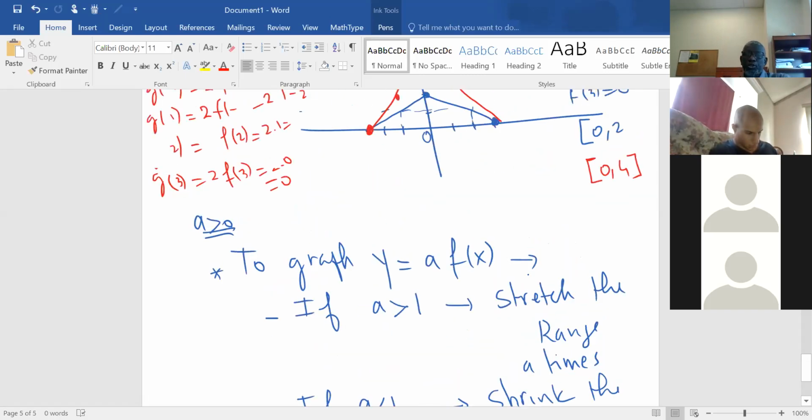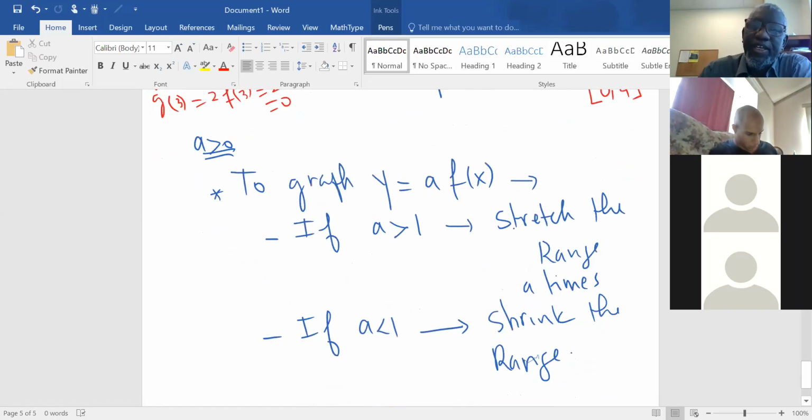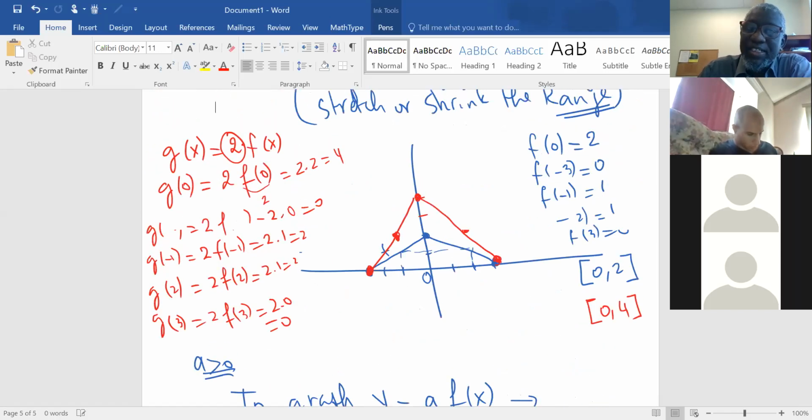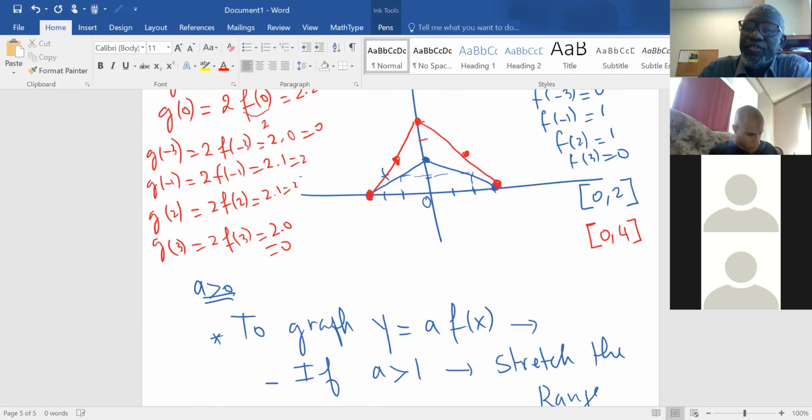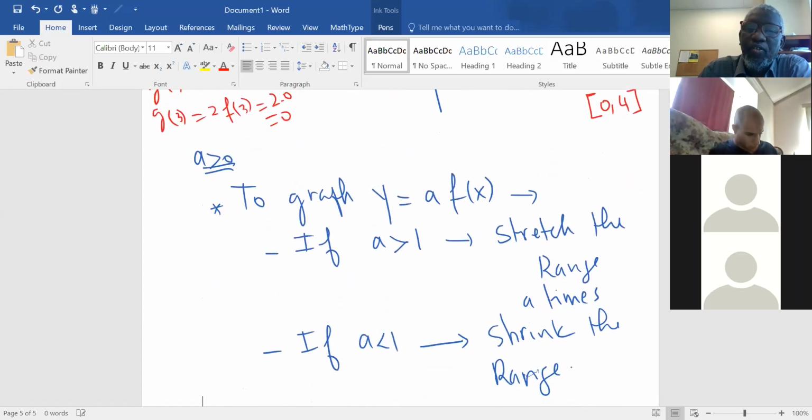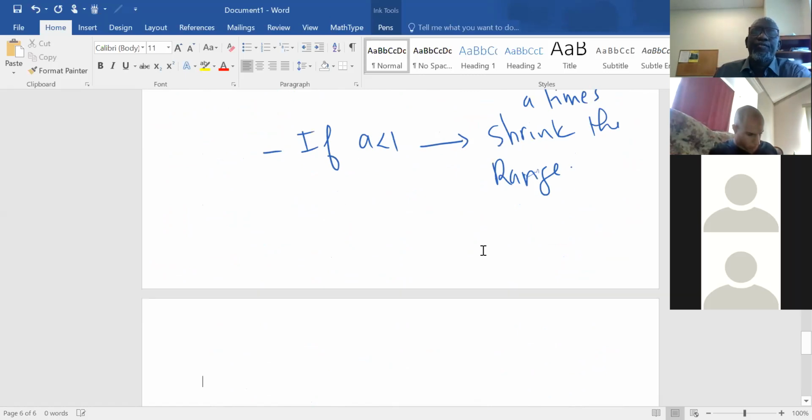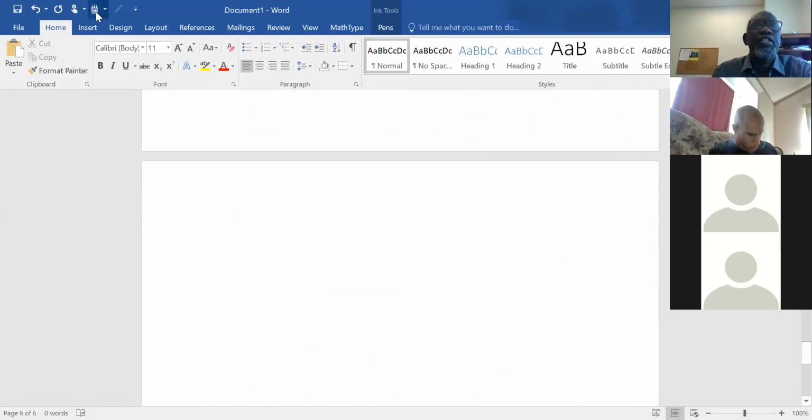So when you multiply by a number outside, you see now who is multiplied by A is not x, it's f of x, right? So for instance, if I want to graph this, what do you think we're going to do to the graph?